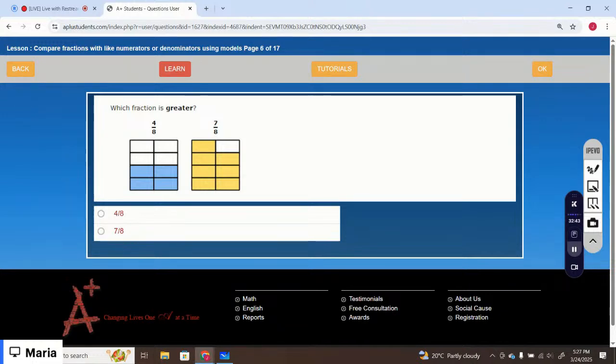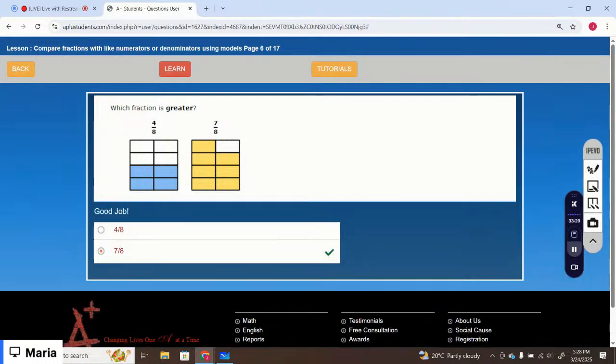Which fraction is greater, 4 by 8 or 7 over 8? Seven over eight is greater than 4 over 8.